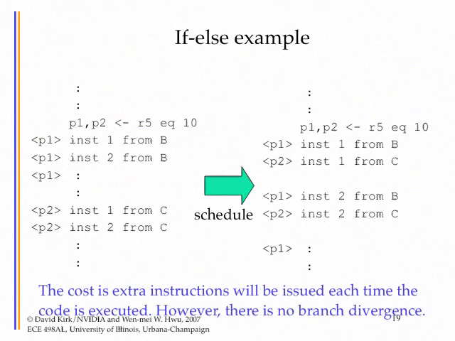So it's just a pair of predicates that will always give you the condition and its complement. Then what we'll do is take the then part and predicate them all with P1, and take the else part and predicate them all with P2. Once you predicate them together, you can make progress simultaneously on the then part and the else part.